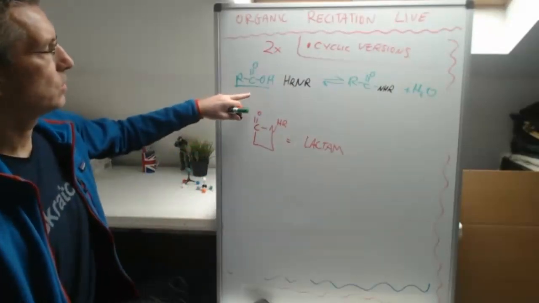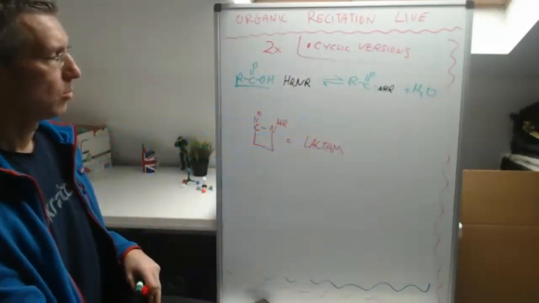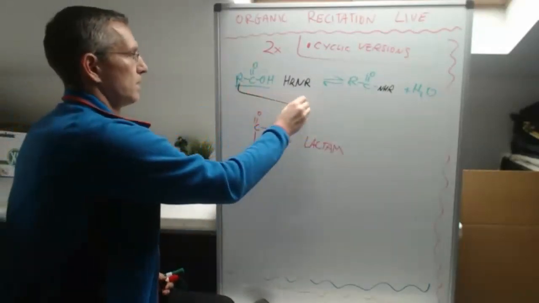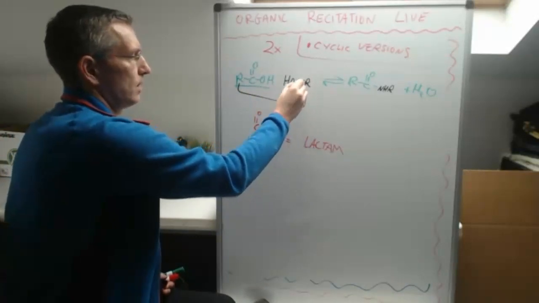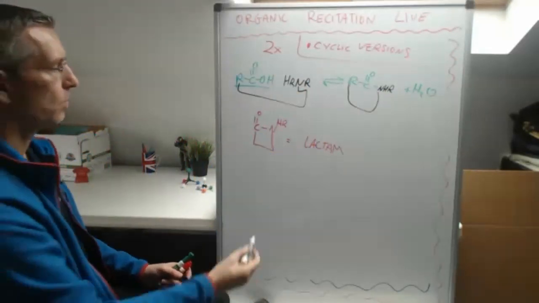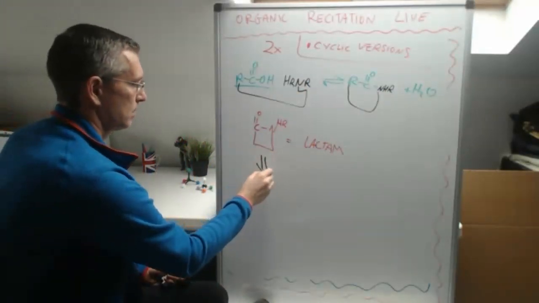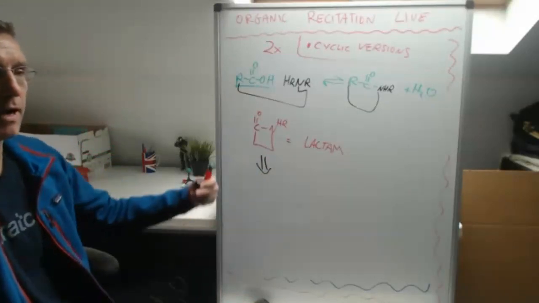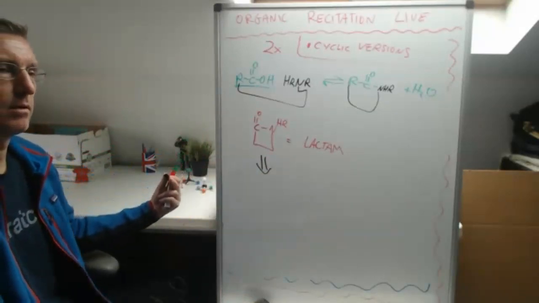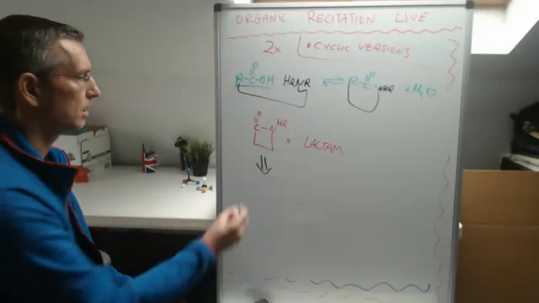Normally we'd do carboxylic acid and amine gives you amide plus water. If those are connected together, what we really need then is to figure out the carboxylic acid that also has an amine substituent in that molecule.